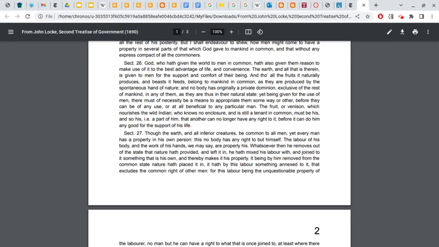That's what makes it your property, the mixing of your labor. So it starts with owning yourself, and therefore owning the work that you do, and therefore, this last step, owning whatever you work on, because you somehow mixed your labor with it. "He hath mixed his labor with and joined to it something that is his own, and thereby makes it his own property."